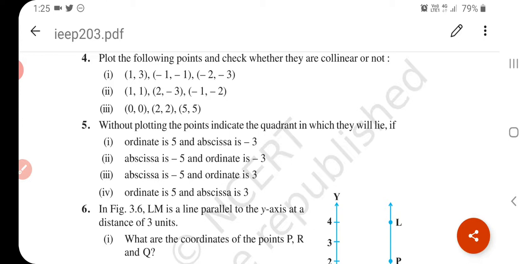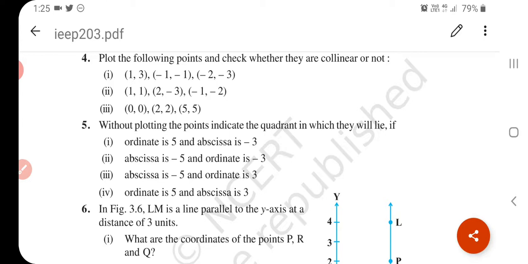Without plotting the point, indicate the quadrant in which they will lie. If the ordinate is 5, it's positive, and the abscissa is negative. So (-3, 5), where will this be? It's always the second quadrant.